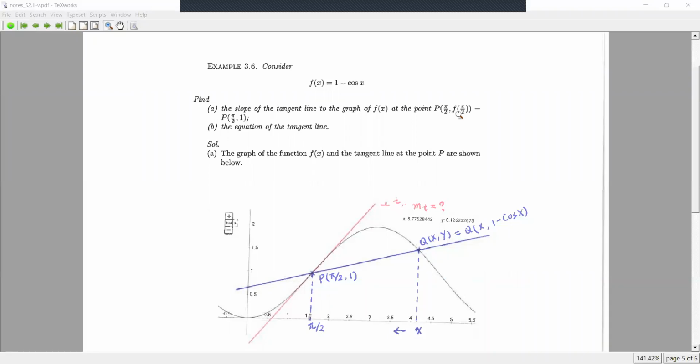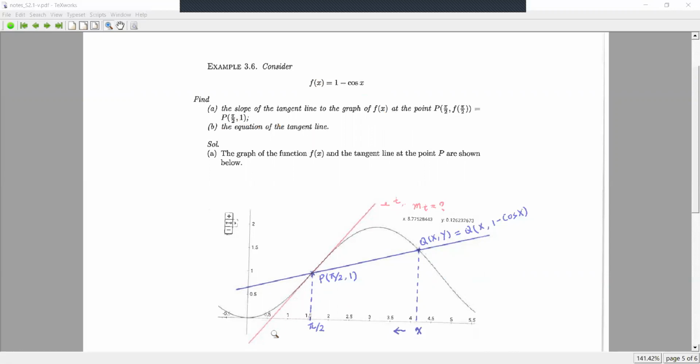The function value at pi over 2 is, plug in pi over 2 in x here. Then f of pi over 2 is 1 minus cosine pi over 2. Calculator. Function value is 1. So 1.